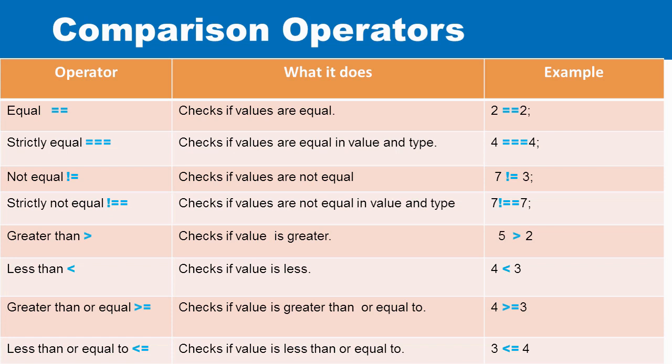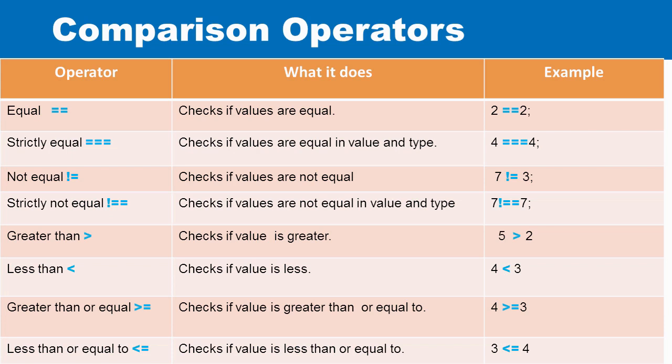You can also use the greater than or equal to, which is represented by the greater than sign and the equals to sign. What that does is check if the value is greater than or equal to. The less than or equal to is represented by the less than symbol and the equals to sign. This checks if the value is less than or equal to.